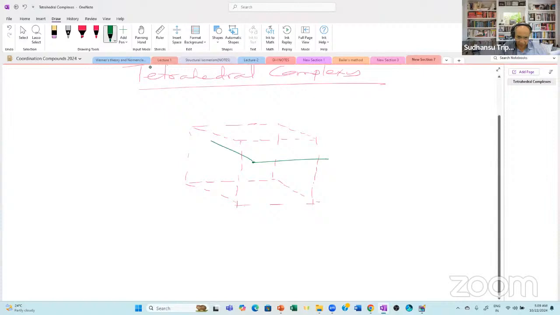Say, for example, this is the y-axis, and this is the x-axis, sorry, z-axis.